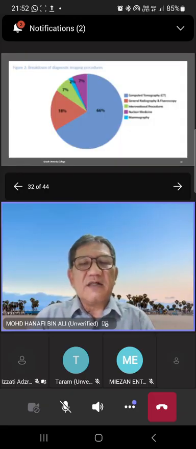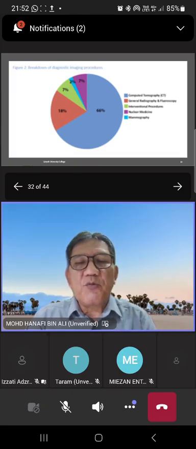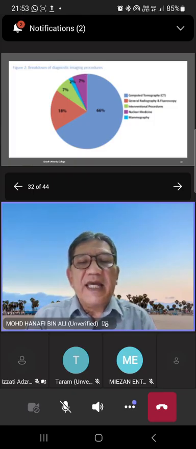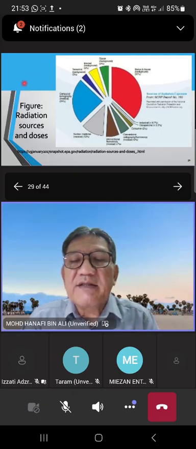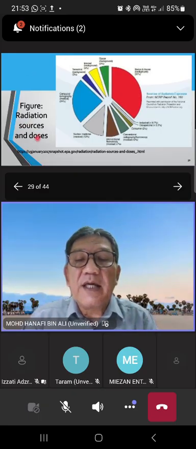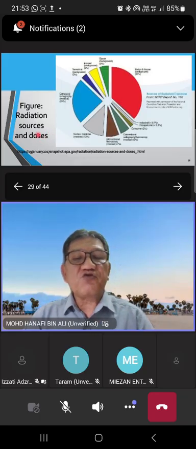This is another graph showing that blue is computer tomography, normally in the medical area. The red is fluoroscopy and general radiography.